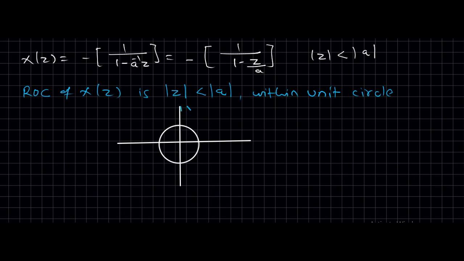So imaginary part of z, it is necessary to write every time this imaginary part and real part of z, and this is a. Mod of z should be smaller than this value. So this is the region of convergence. The ROC is mod of z smaller than the magnitude of a.